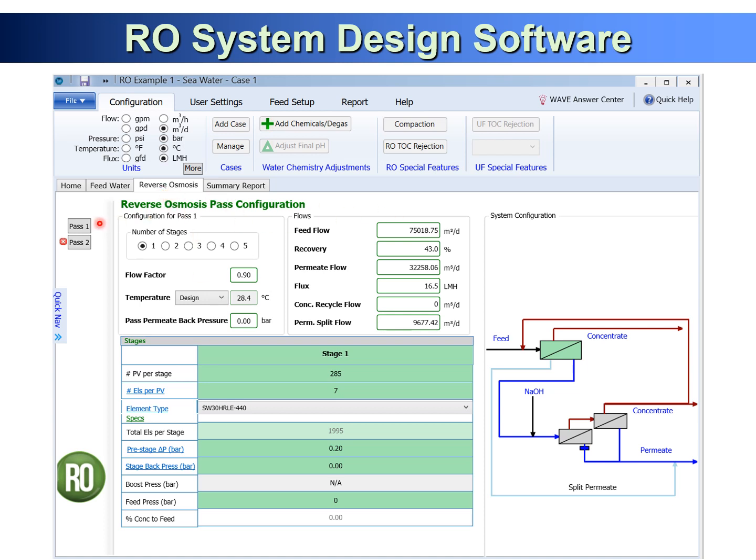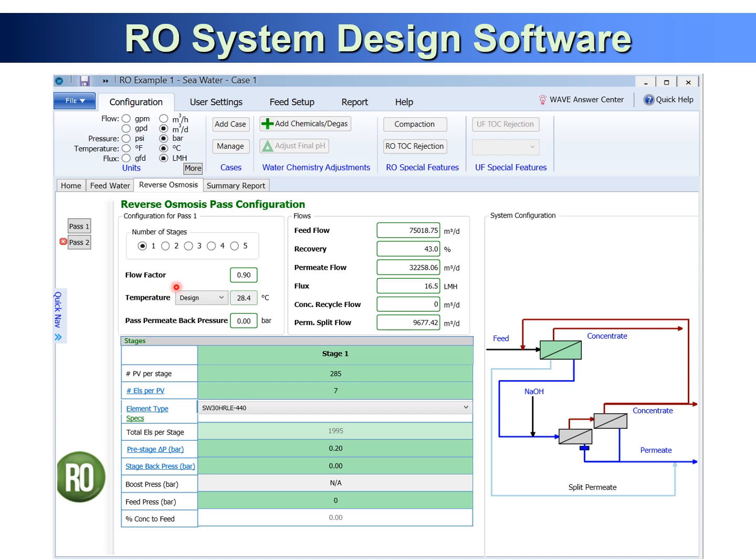We can select first pass, second pass. So we can design the first pass first, and you can see the number of stages: how many stages you need for the first pass, first stage, second stage, and other stages, and flow factors.